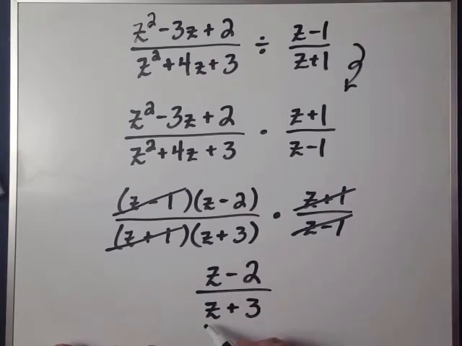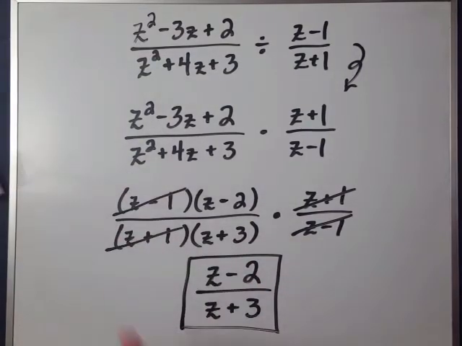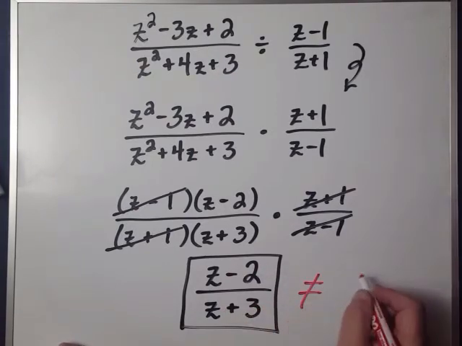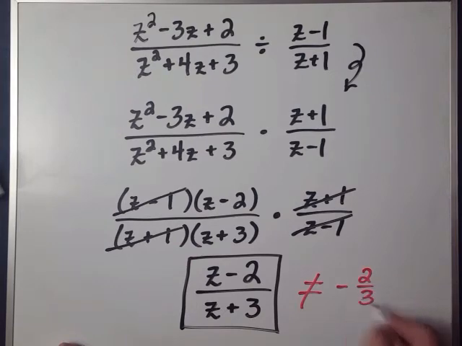This does not reduce any further, because those Z's are terms, they're not factors. This does not reduce to -2/3. You can cancel factors top and bottom. You cannot cancel terms or factors of terms.